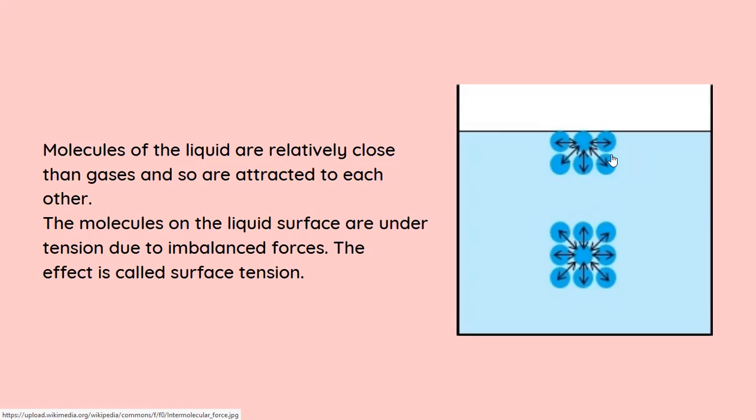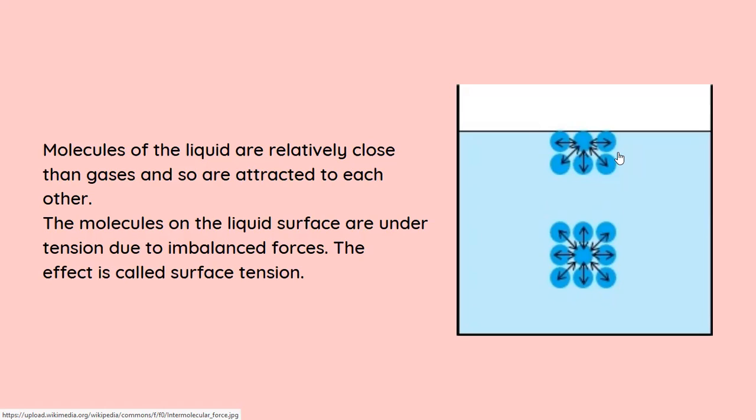And the effect of this is the fact that the liquids try to minimize this particular area. Because of the inward force, the imbalance of this force, the surface area of the liquid is reduced as much as possible.